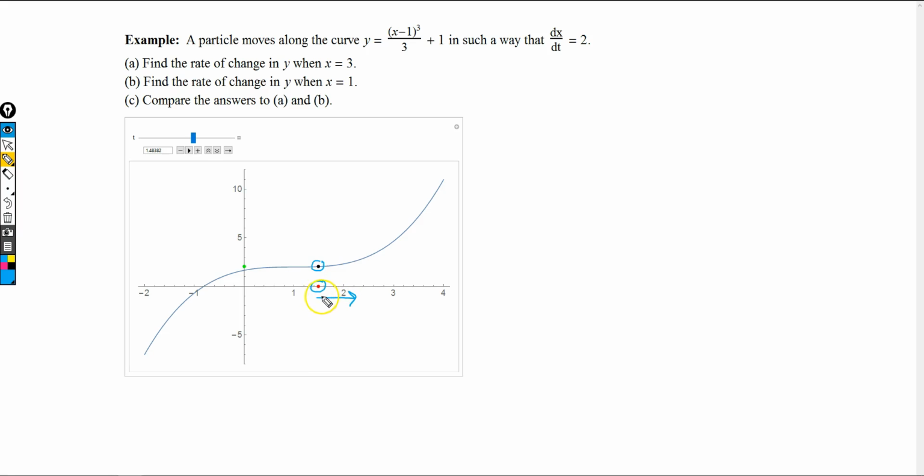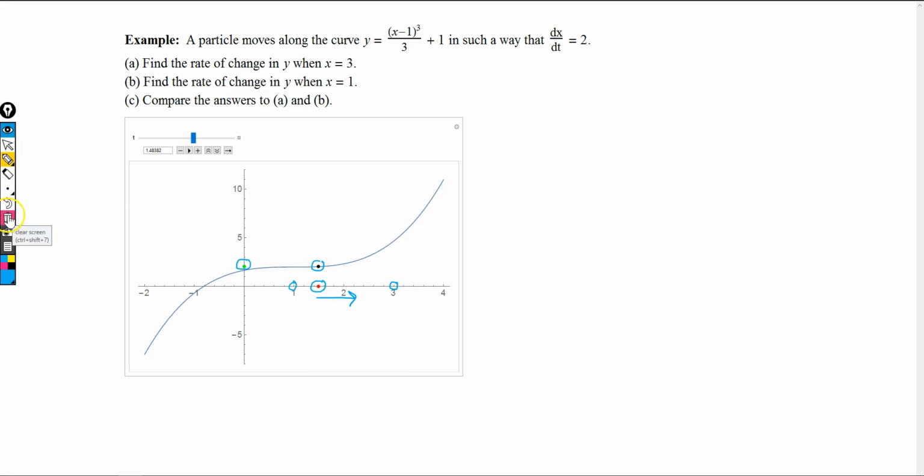So every second, perhaps, it will move 2 units to the right. Now, here is the y-coordinate of that point. It's the little green dot right there on the y-axis, and it will be moving upward. And we want to know how fast is it moving upward when the red dot is at location 3 and then at location 1. So let's watch this in motion here.